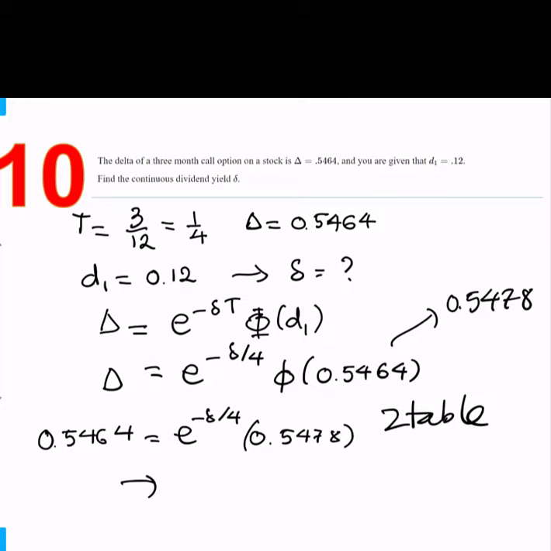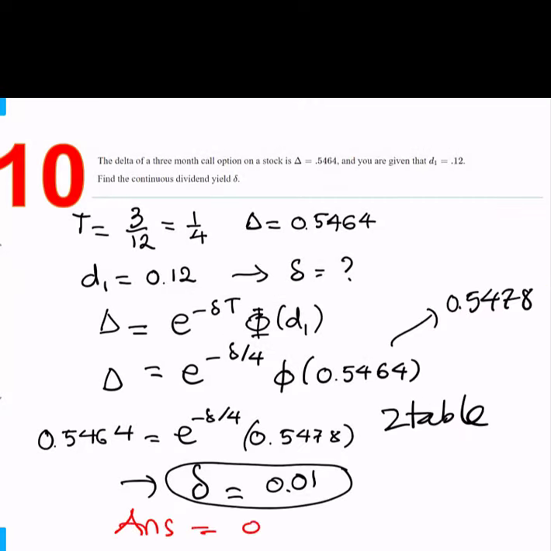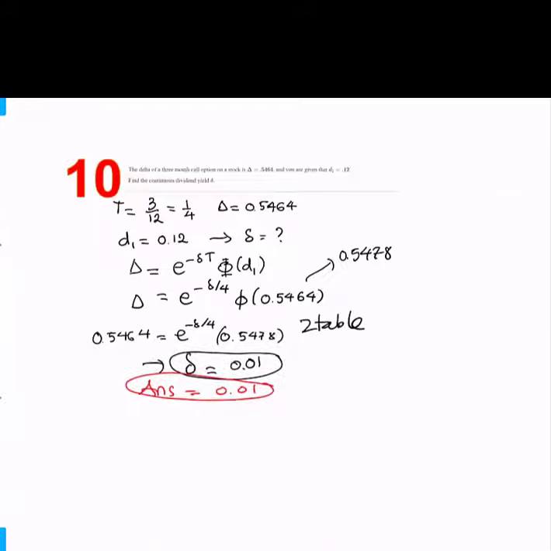Delta here is equal to 0.01. So the answer is 0.01. This is how we solve this problem.